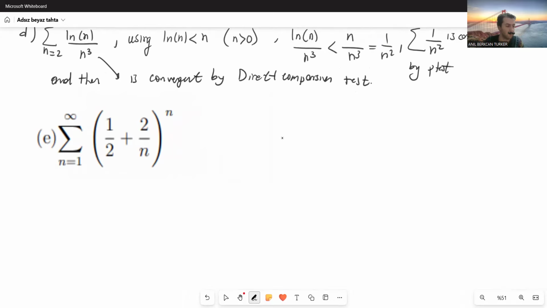So you can apply n-th term test, etc. But since there is a very big power, why don't you use root test? So consider the limit as n goes to infinity of the nth root of the general term.